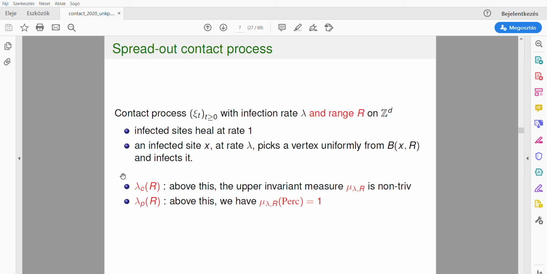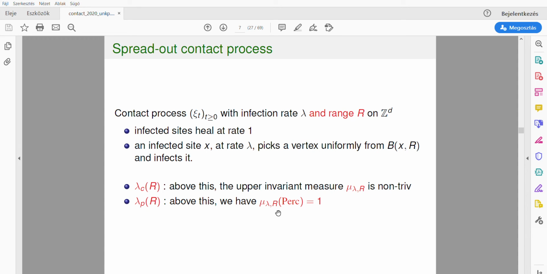And let me also define the analog of the percolation parameter. Lambda P R is the critical threshold above which, if the infection rate is bigger than this, you can observe percolation.